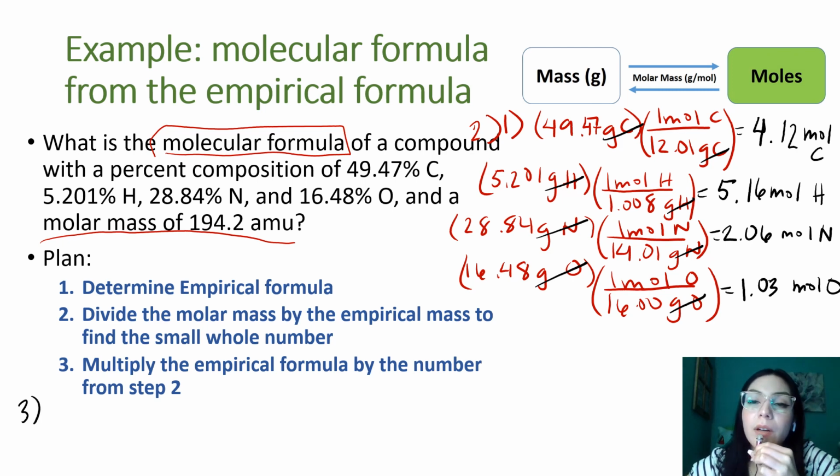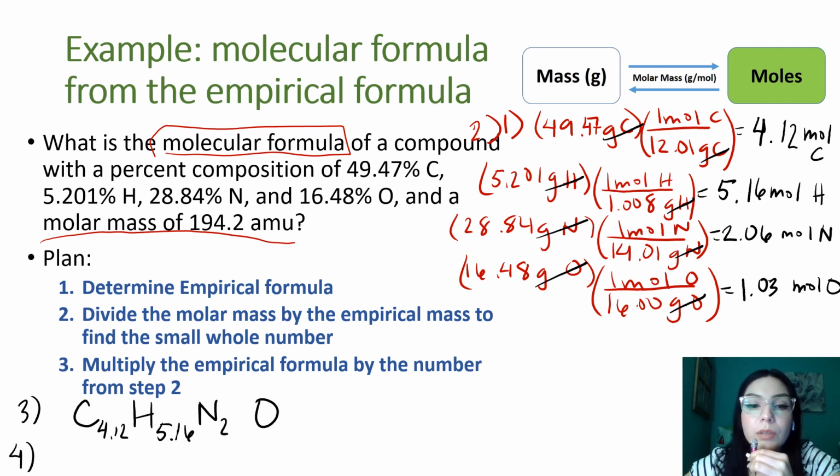And then for step 4, we are going to divide by the smallest number of moles. So first is going to be carbon, then hydrogen, then nitrogen, and then oxygen. For carbon, we got 4.12. For hydrogen, 5.16. Well, that's bad. Nitrogen, 2.06. And then oxygen, 1.03.